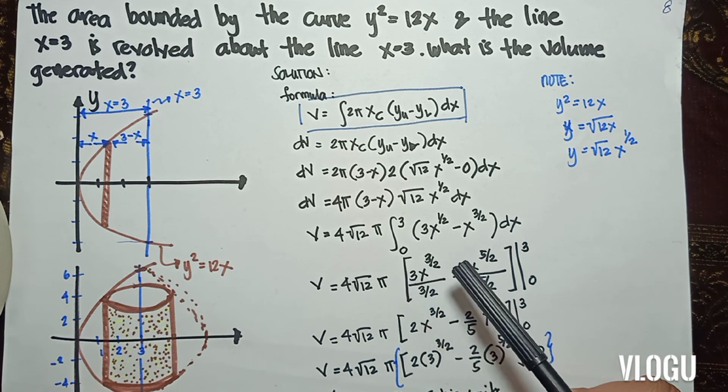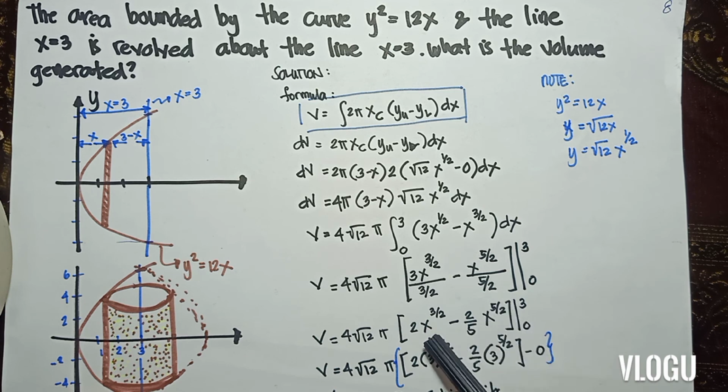That is the reason you have 2x raised to 3/2 minus 2 over 5 x raised to 5/2, evaluated from 0 to 3.